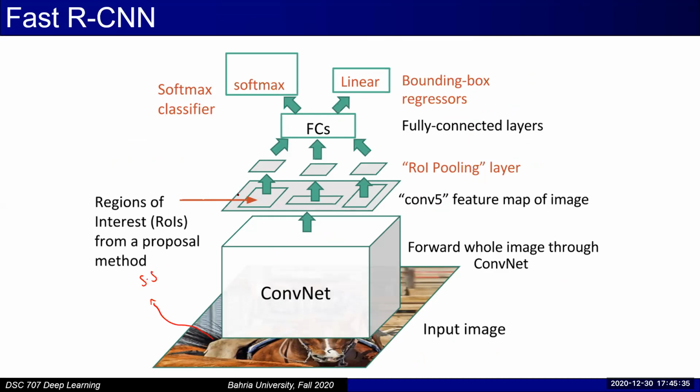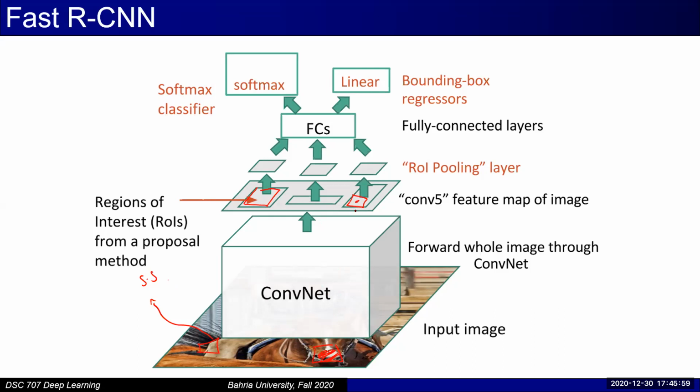Selective search is generating some proposals, some boxes on this original image. Then you are projecting those boxes onto the feature map: if I have a box here in the image, where is this location in the feature map? You can easily compute it by taking into account the downsampling factor. So you say, this box in the original image corresponds to this particular box in the feature map.